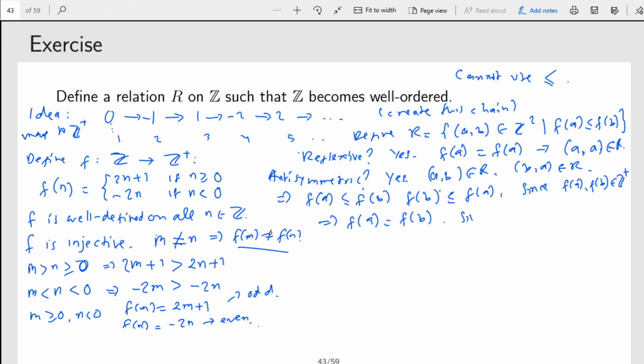And since f is injective, we would have that a is actually equal to b.